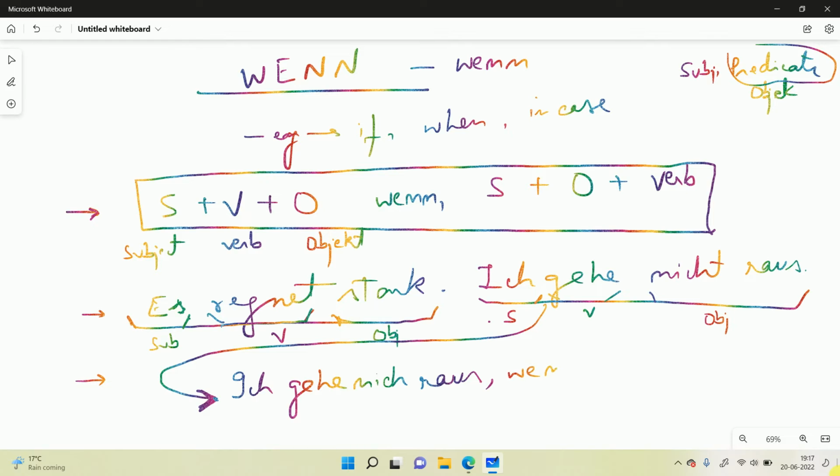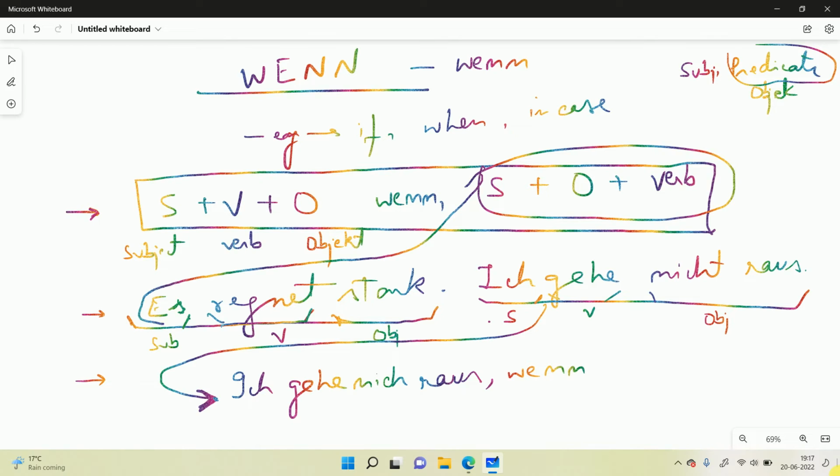Then, when, then here will be subject, object and verb. Now we have reversed the sentence. I'm talking about this sentence now. Subject, object and verb. So here the subject was es, then the object we found out, stark, and then regnet.